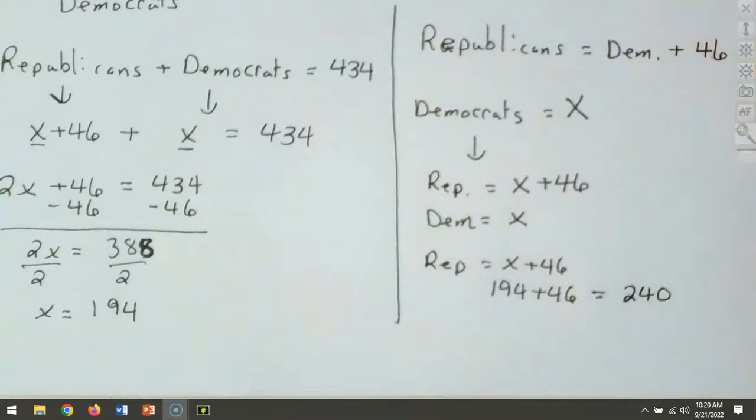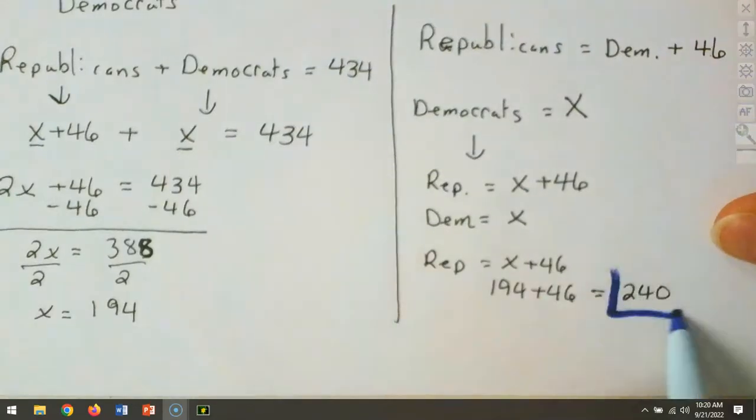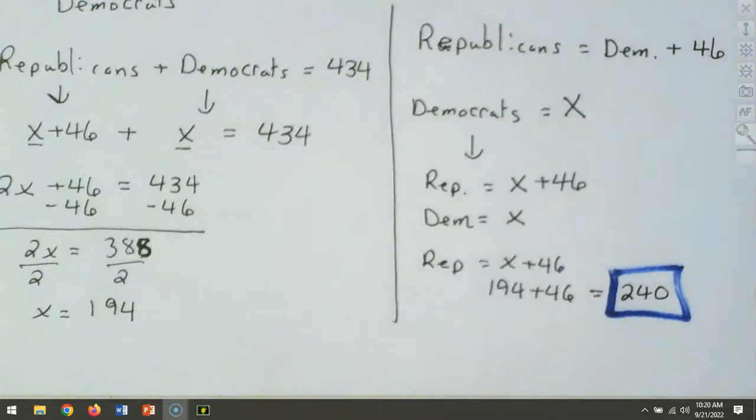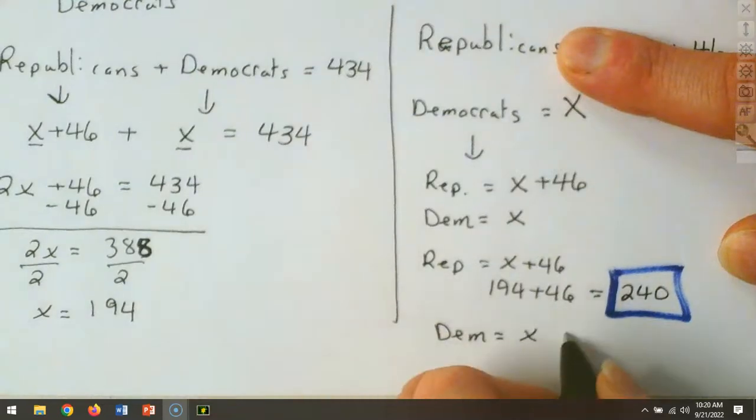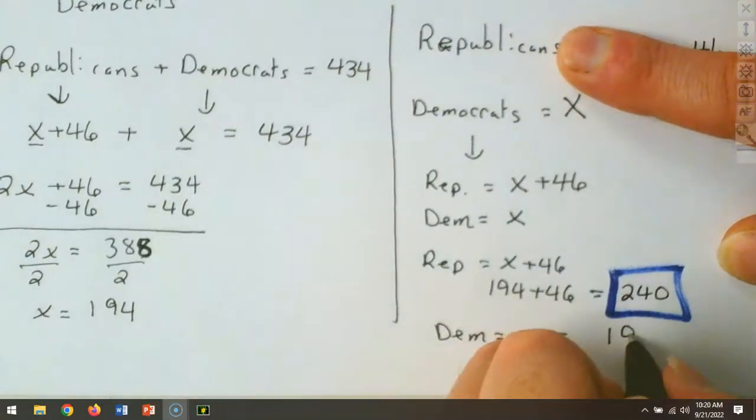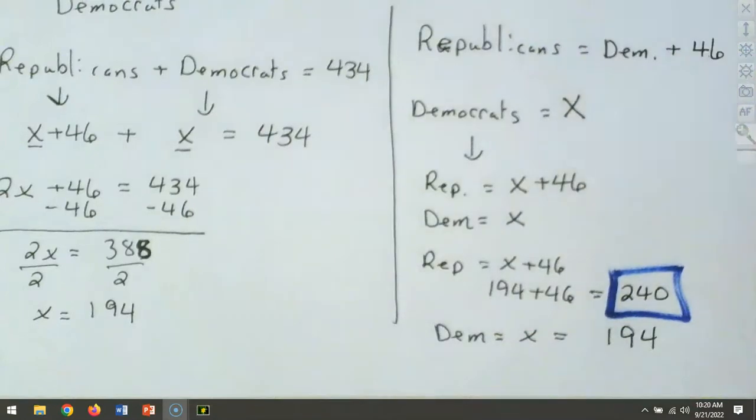So that's our first answer. These aren't really labeled at all. It just says number of Democrats, Republicans, so we don't really have to label it. You could put seats if you want to, but we'll just leave that at 240. What about the Democrats? That's x, and how many Democrats do we have? 194.